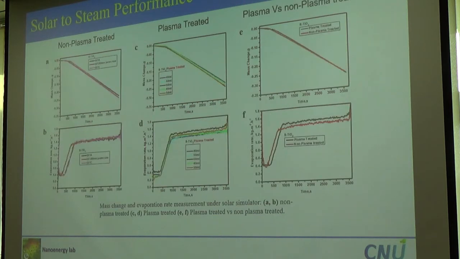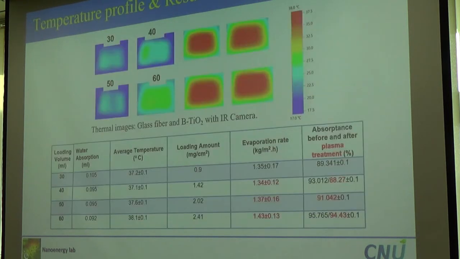The next one is the plasma treated sample. The mass change and evaporation rate are different. When the loading amount increases, the evaporation rate also increases. Here are the results for the plasma 40 ml and 50 ml.